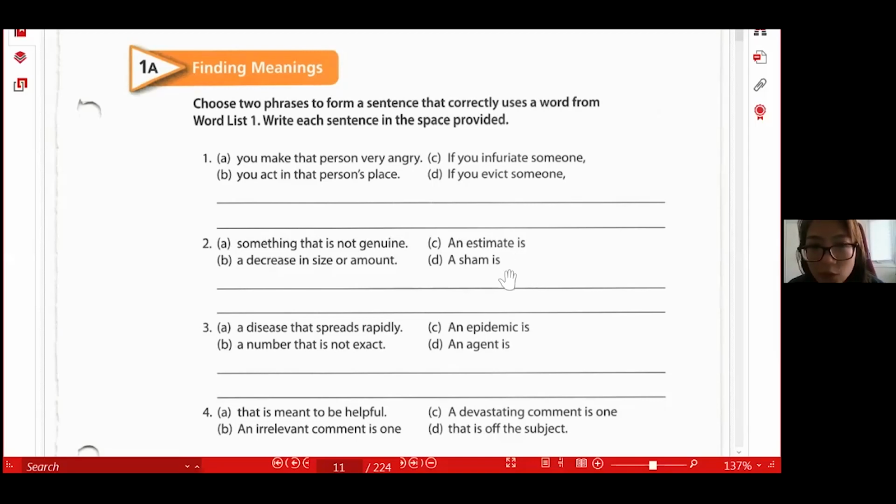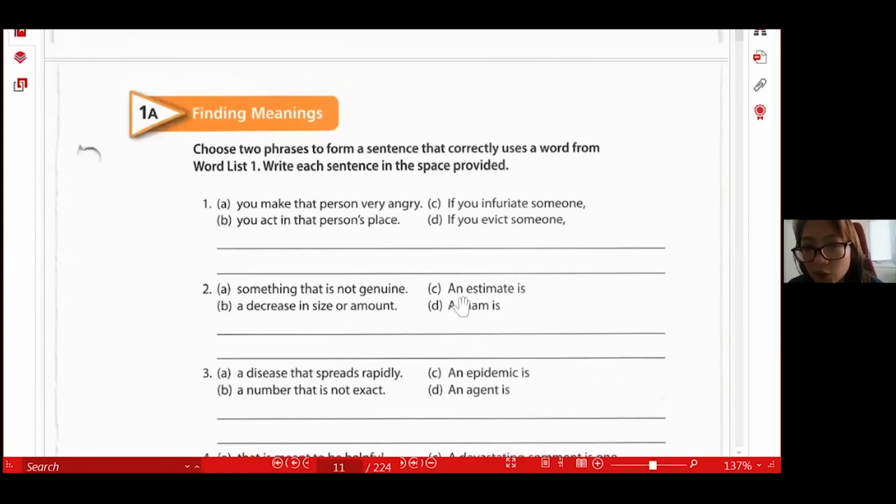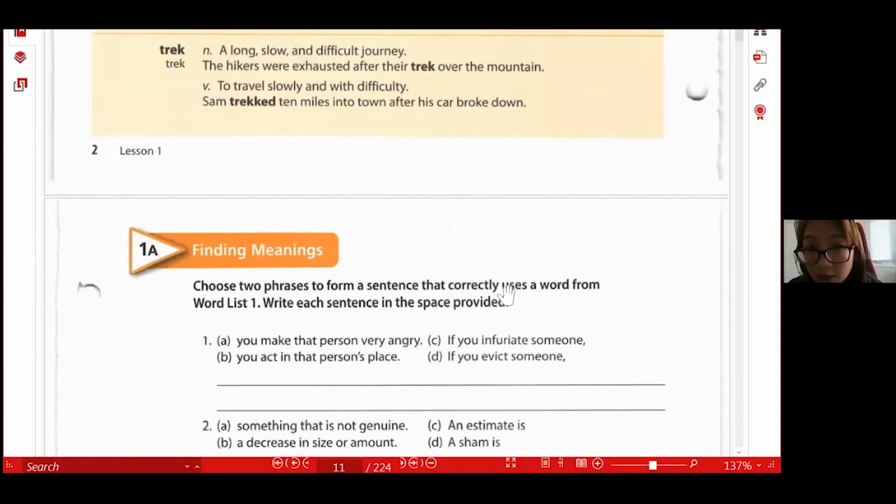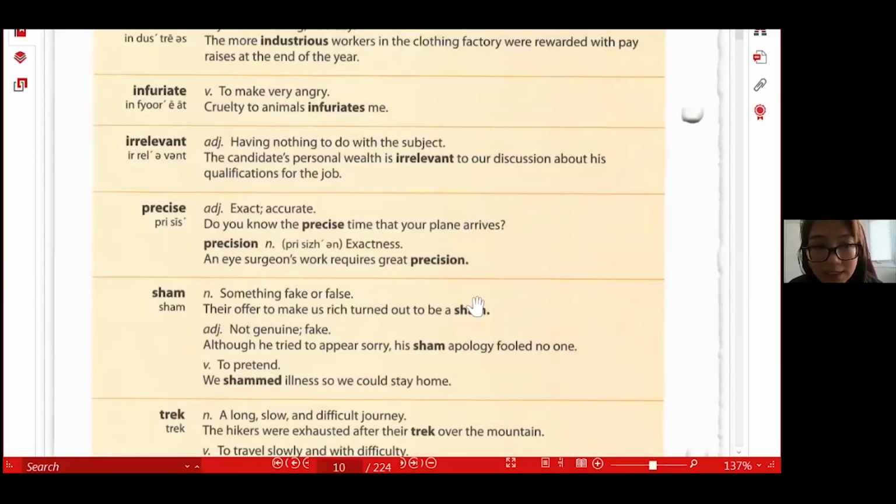You don't understand? Okay, so let's go back. Do you know what an estimate is? Not sure. Okay, so let's go back to sham.